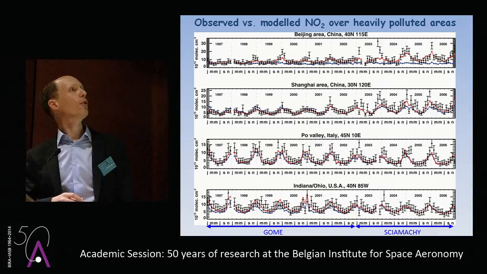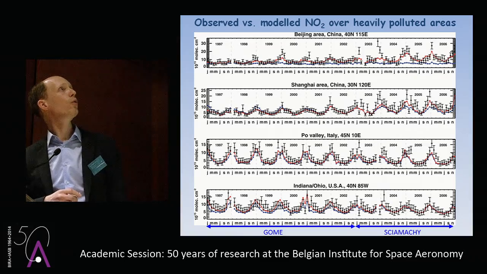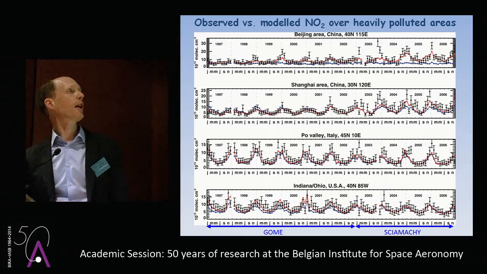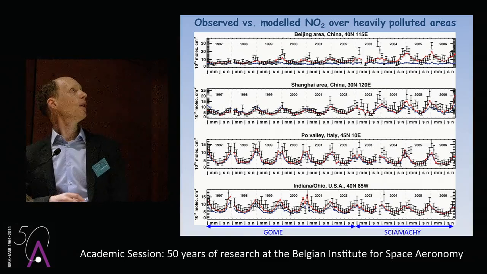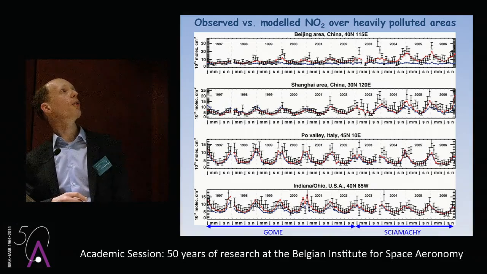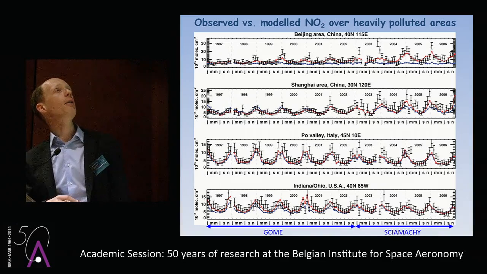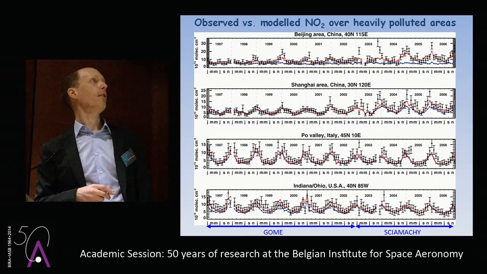Pollution is also a focus of our studies, the industrial pollution. This shows NO2 over Beijing, Shanghai, the Po Valley, and the US. And you have the measurements, and you have the model using constant emissions in time, and then the model using optimized emissions, so the emissions required to provide the best match with the measurements.